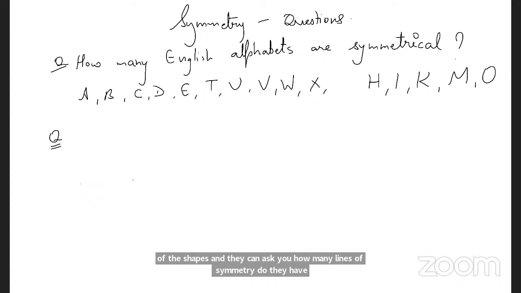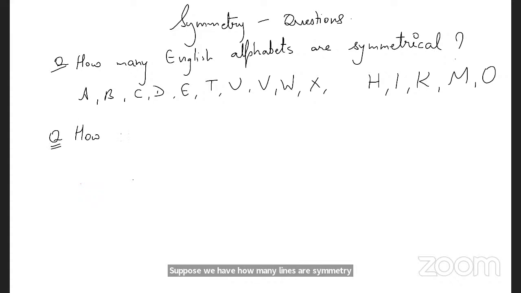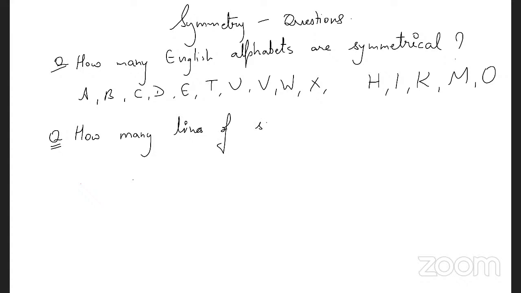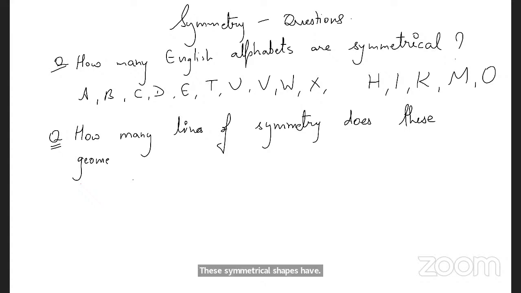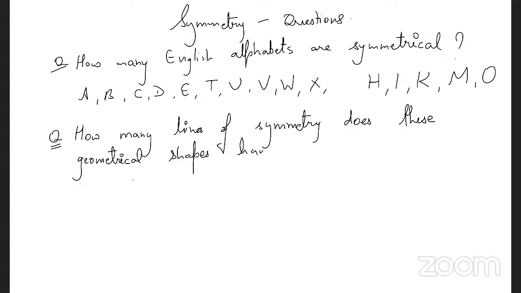Suppose we have these geometrical shapes: we have a square, we have a pentagon, a rhombus.